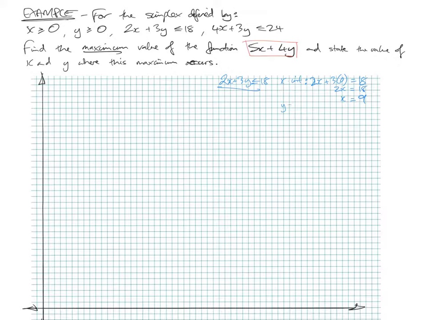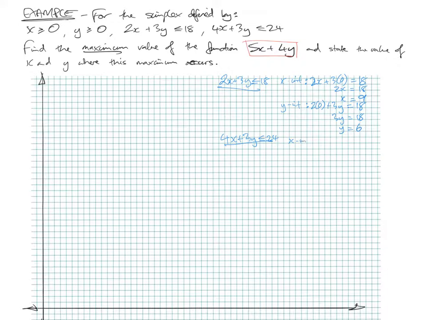The y-intercept, 2 lots of 0 plus 3y is equal to 18. 3y is equal to 18. Y is equal to 6. Looking at the other one, 4x plus 3y less than or equal to 24.